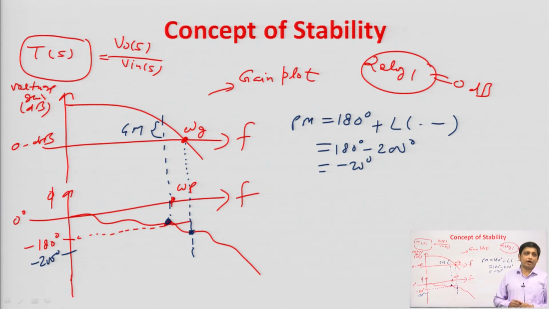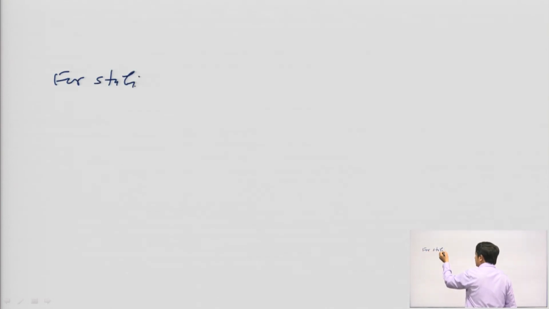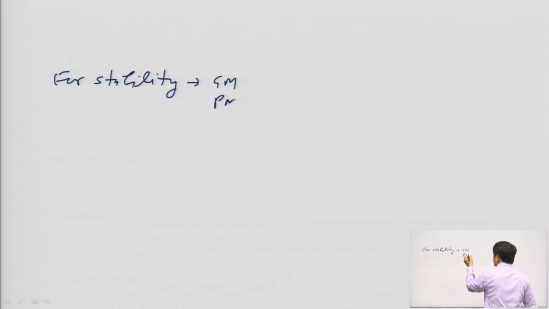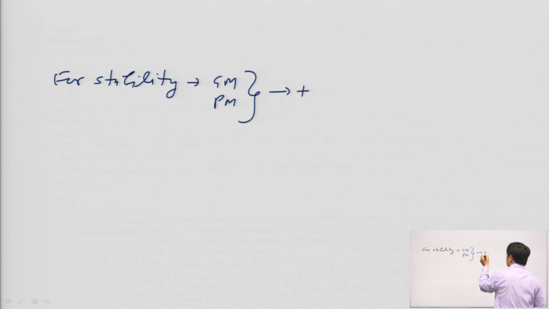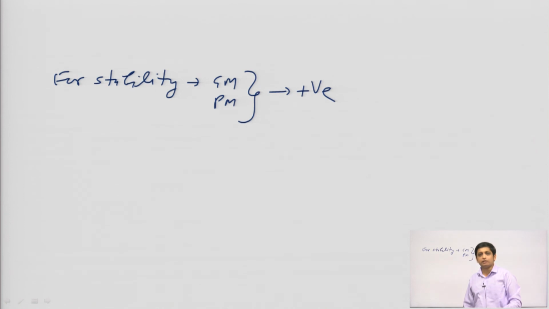For the amplifier to be stable, the gain margin and phase margin should be positive. If any one of them is negative, then the amplifier will be unstable.